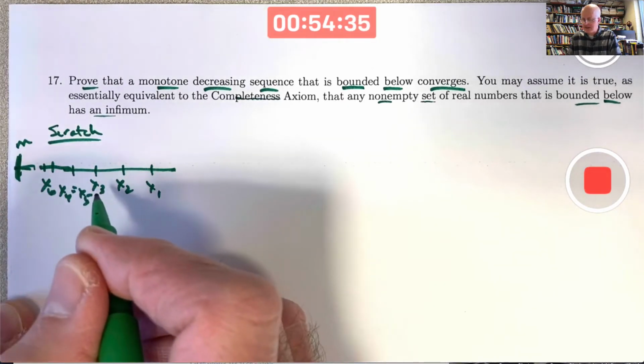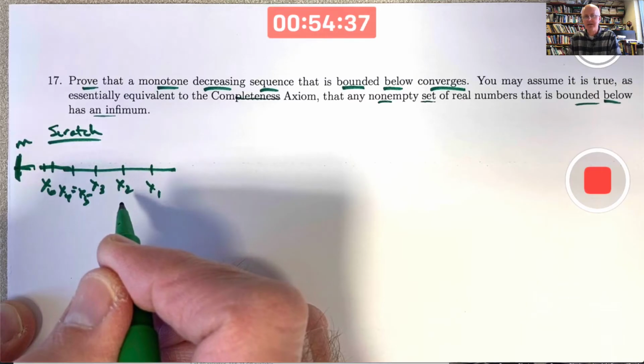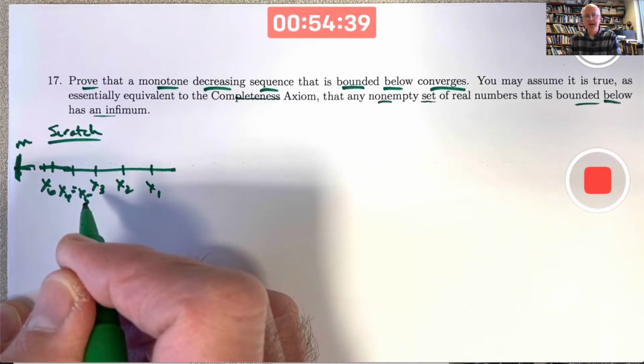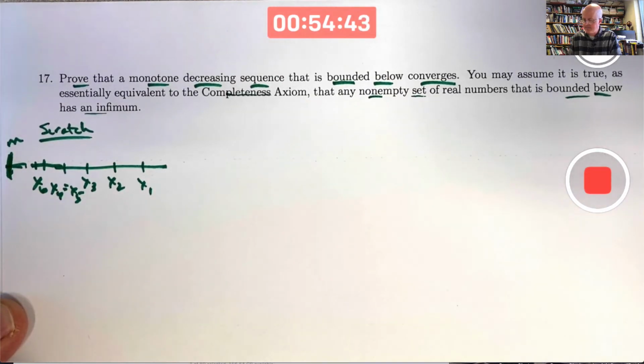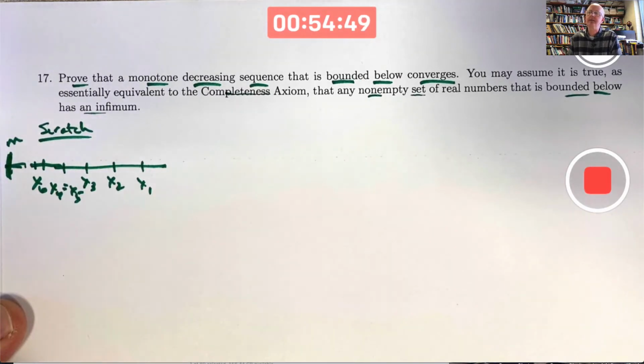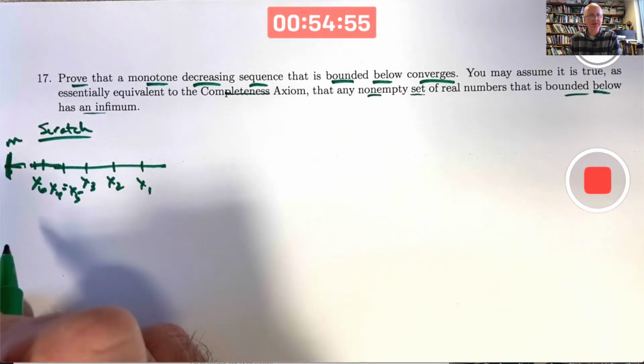Since it's bounded below as a set, it's going to have an infimum, an inf, that may or may not be in the set, but it will have an inf. The inf is the greatest lower bound of the set. It has got to be the inf that is what the sequence is approaching.